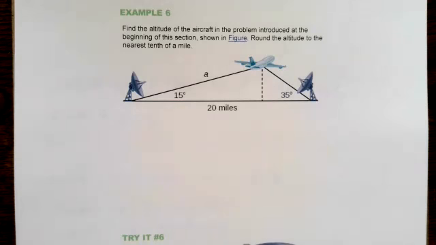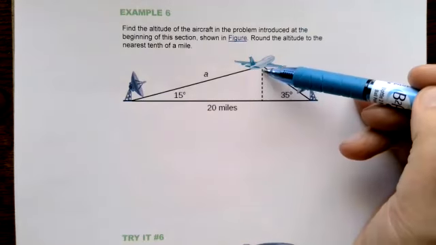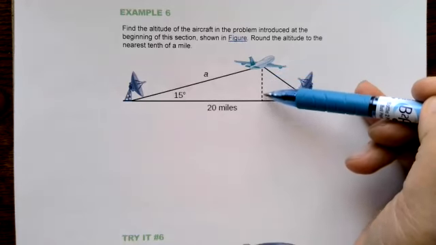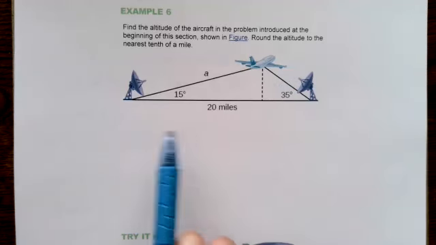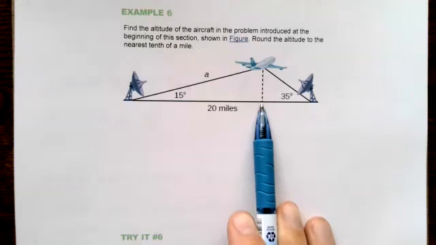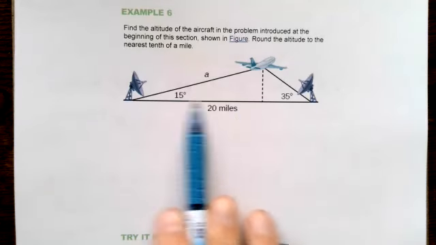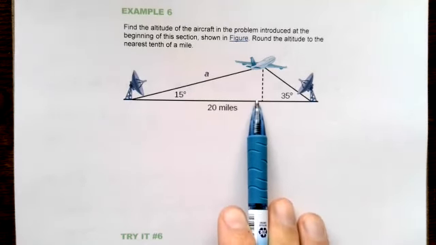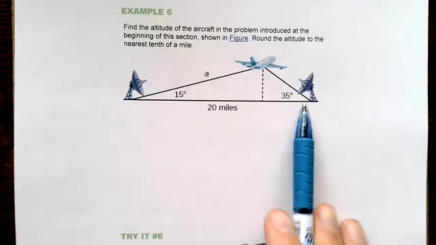So the problem is the height. Let's recall the height is a perpendicular line to the ground. We know this total length, but we don't know exactly how this height will break this entire side. We cannot assume anything. We cannot say, oh, we have 15 miles here and 5 here.